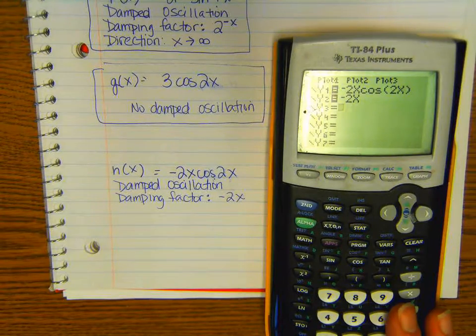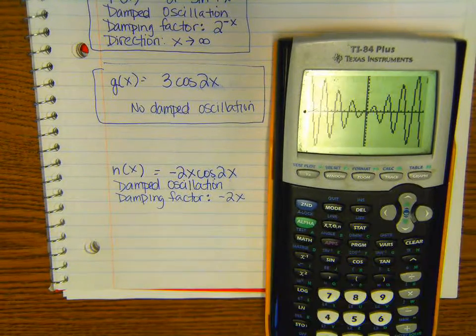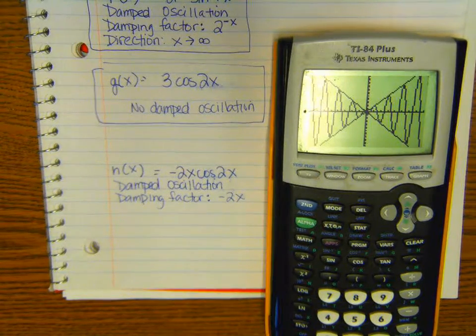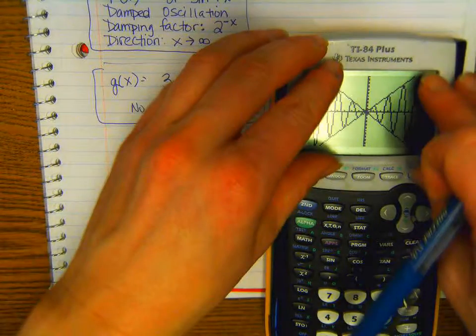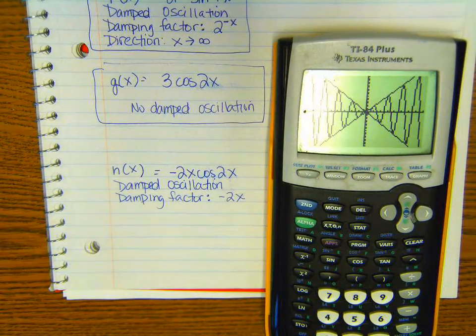Positive 2x. And then I'm going to graph it. Aha. Okay. So now we can clearly see exactly how those amplitudes are being reduced. So that's the damping factor.